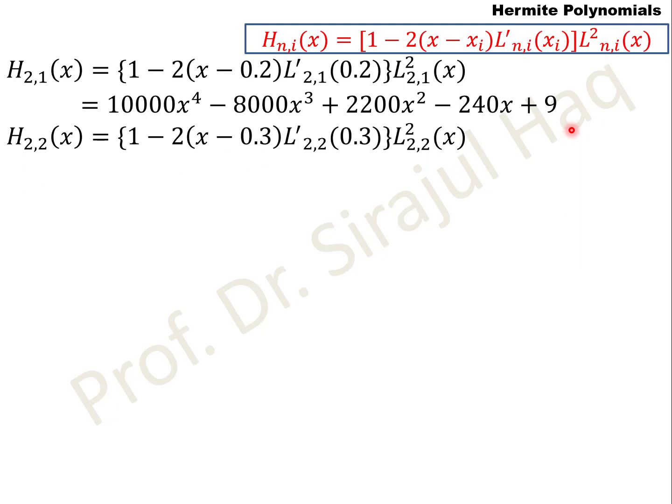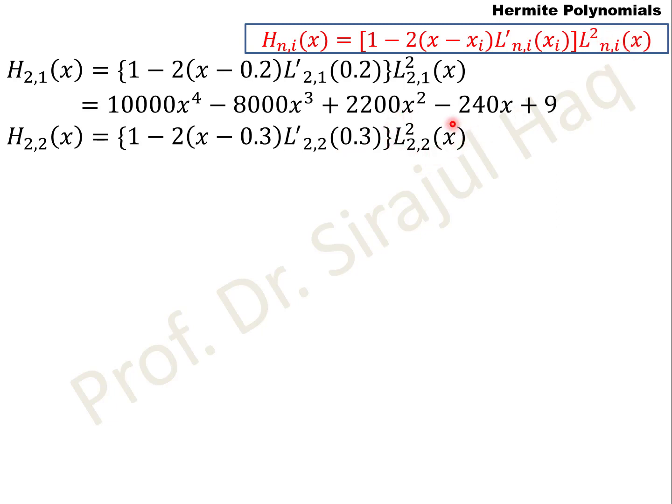Let's find out h2,2, the value of xi is x2. i is equal to 2. x minus x2, where x2 is 0.3. This will be L2,2 prime at 0.3. And this will be L2,2 squared of x.